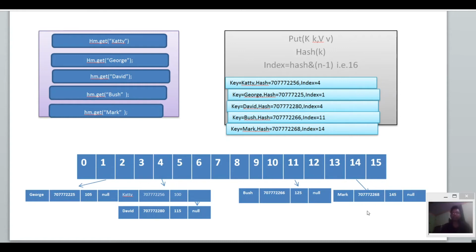Now to fetch objects based on key, we will write hm.get and pass the key as a parameter. What does it do?